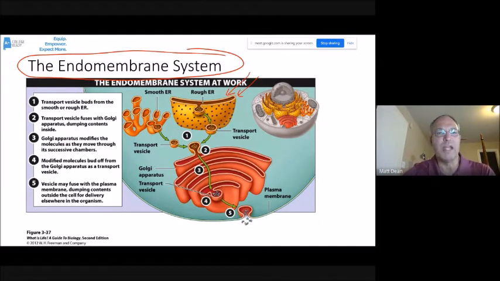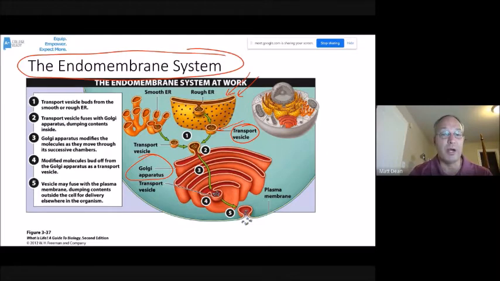The ribosomes make proteins that go down into the rough ER where they're modified a bit and eventually packaged in a vesicle, which we see here. We can call those secretory vesicles or transport vesicles. Typically, those vesicles then move to the next part of the endomembrane system, which is the Golgi apparatus. You might hear it called the Golgi body or Golgi complex.